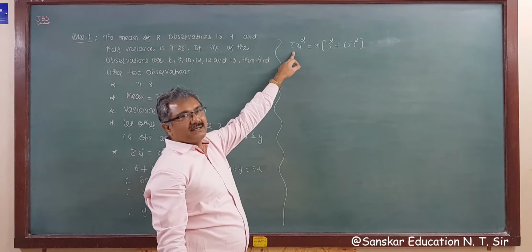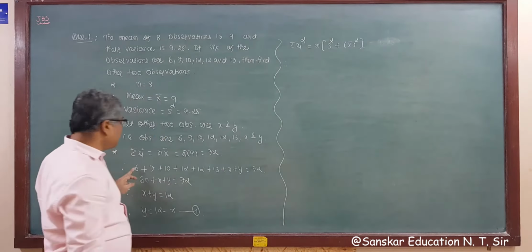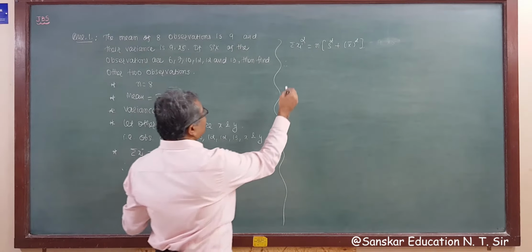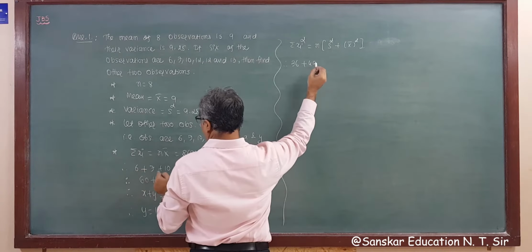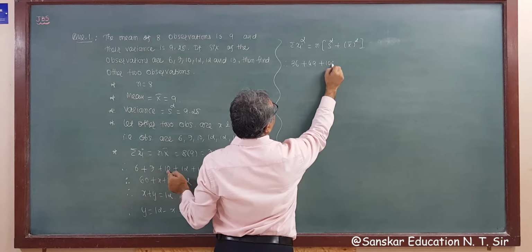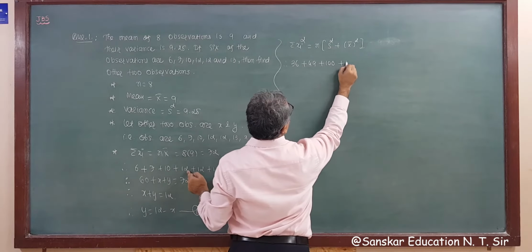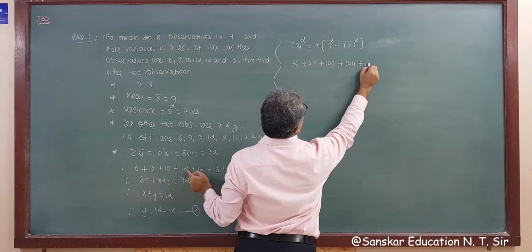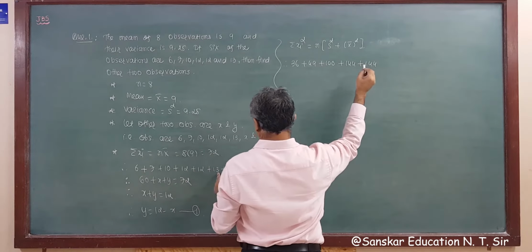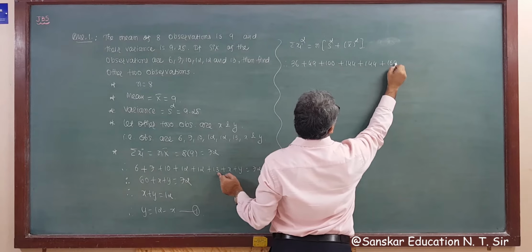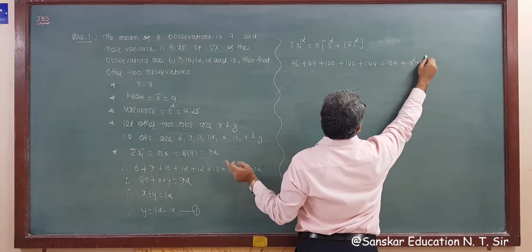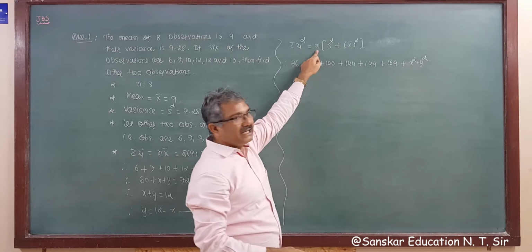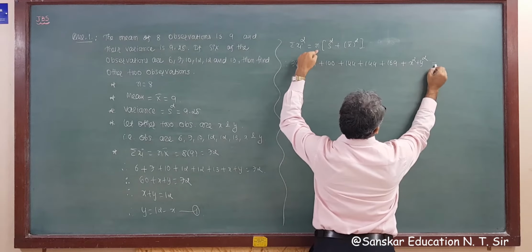Now this sigma xi square means sum of the squares of the observations. So 6 square is 36, 7 square is 49, plus 10 square is 100, plus 12 square is 144, plus 12 square is 144, right? Plus 13 square is 169, plus x square plus y square, right, is equal to n.